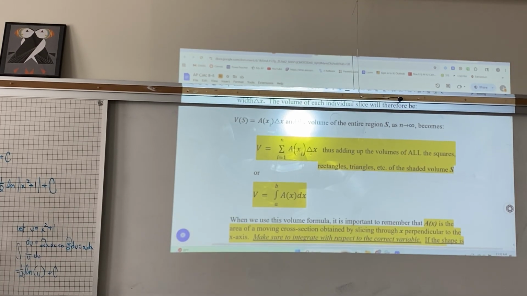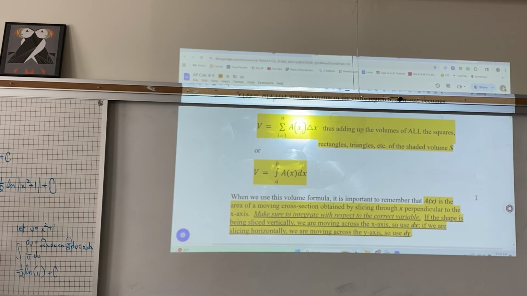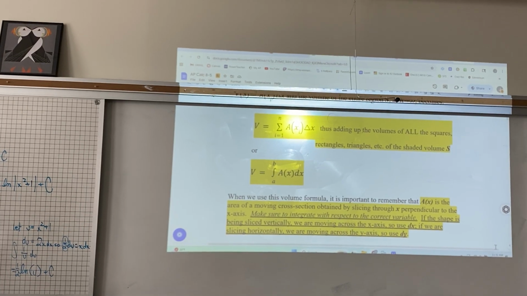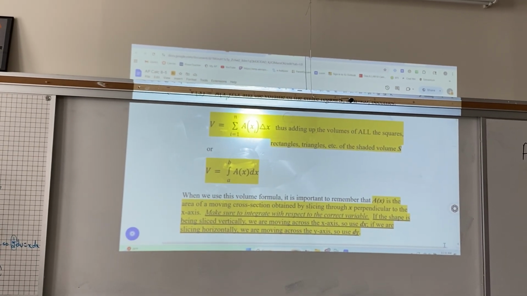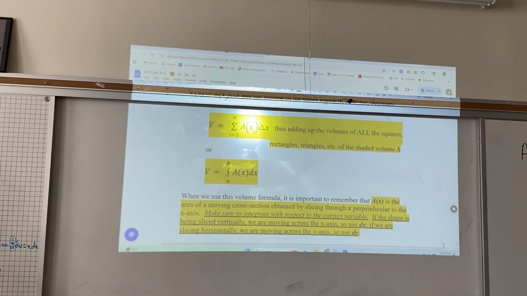So specifically, until I show you the pictures, A of x is the area of a moving cross section slicing through this 3D shape. We're going to start perpendicular to the x-axis, so I'm going to be moving along the x-axis, as I often was, except on this warm-up, we kind of moved across the y-axis.